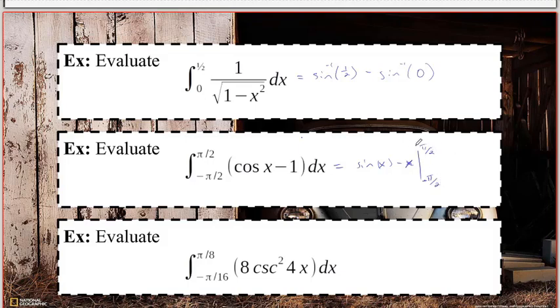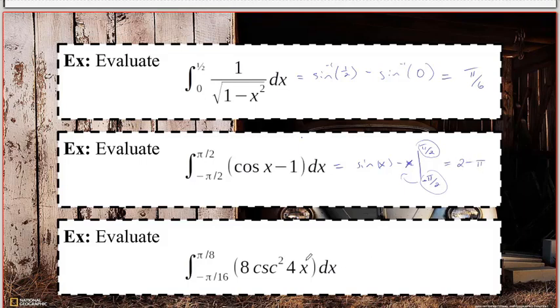What this notation means is plug in the top one into your antiderivative, and then minus plug in the bottom one into your antiderivative. If you want to practice these, I will point out that on this one you should get pi over 6. On this one you should get 2 minus pi.